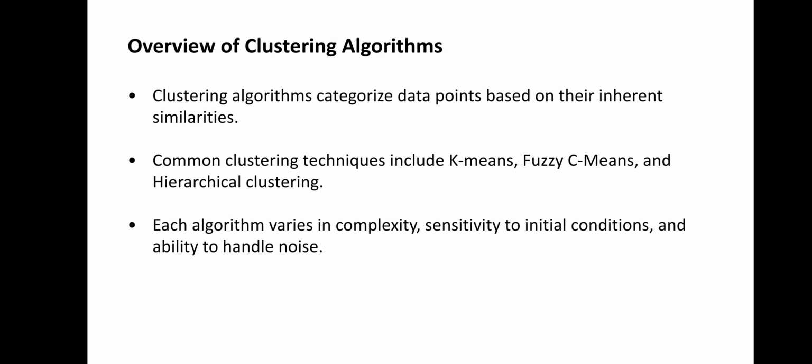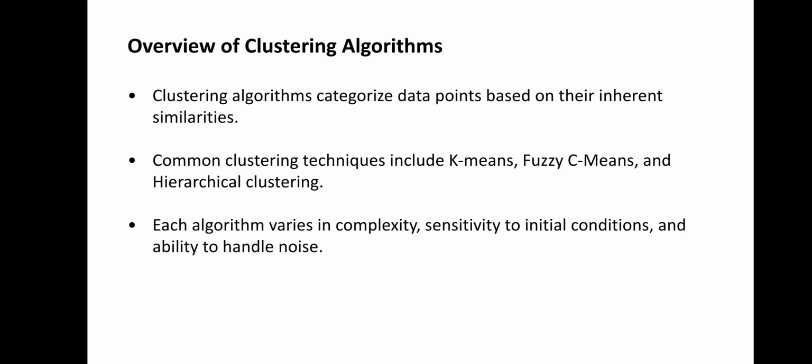And then let's move on to the other topic, which is the overview of clustering algorithms. Clustering algorithms categorize data points based on their inherent similarities. Common clustering techniques include k-means, fuzzy c-means, and hierarchical clustering.